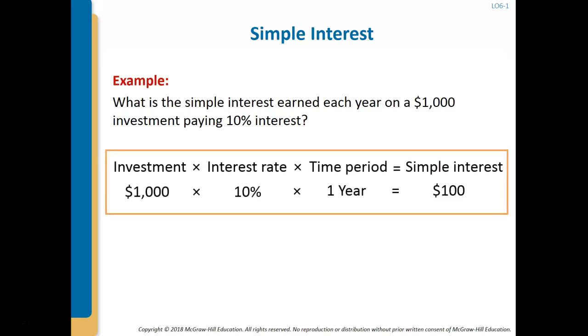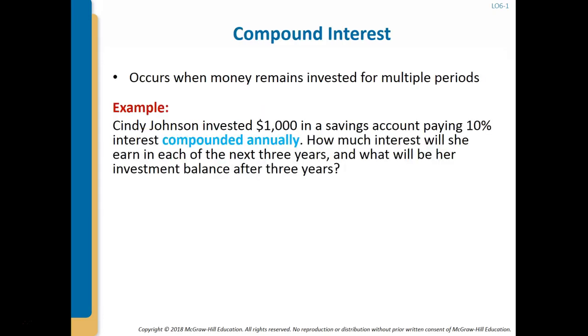So simple interest earned each year on a $1,000 investment paying 10% is $100, which is calculated here as $1,000 times 10%.